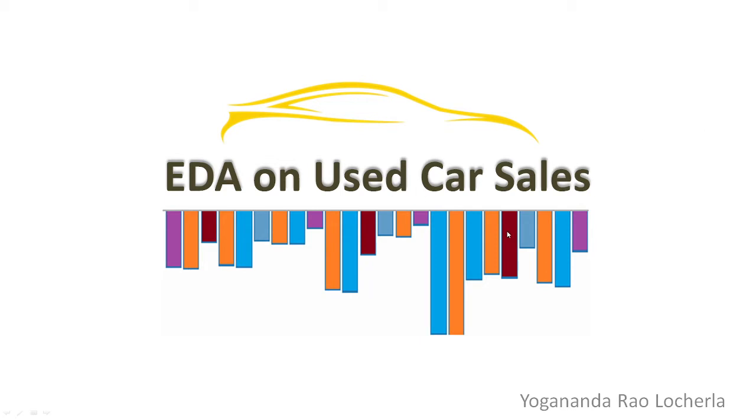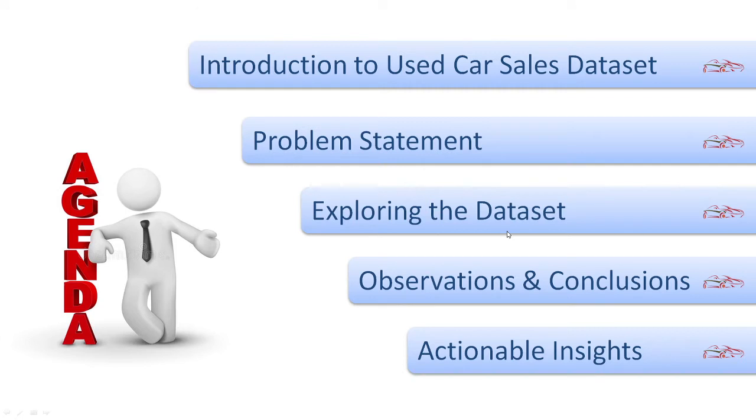So the agenda for this meeting is to talk through several aspects. The discussion is logically arranged to deliver the content effectively. We will initially talk about the introduction to the used car sales dataset and the problem statement that comes with it.